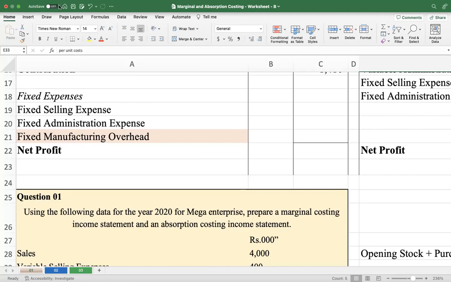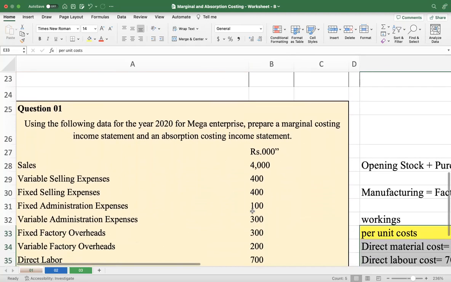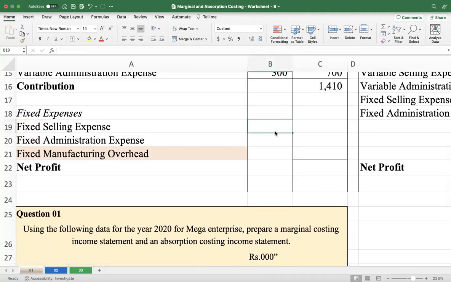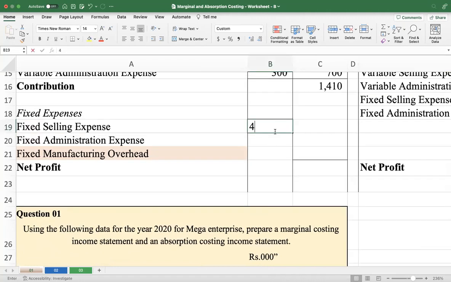So what are the fixed expenses? Fixed selling expense, how much? 400. Fixed admin, 100. Fixed factory overheads, 300. Factory or manufacturing, all these things are similar. Let's take the values. We have fixed selling expenses 400, then fixed administration expenses 100. So I asked you all to fill this up before I fill. And then we have fixed manufacturing overhead as 300.